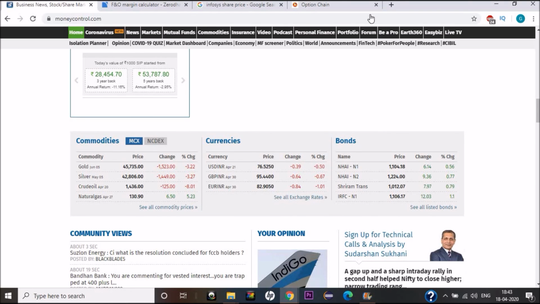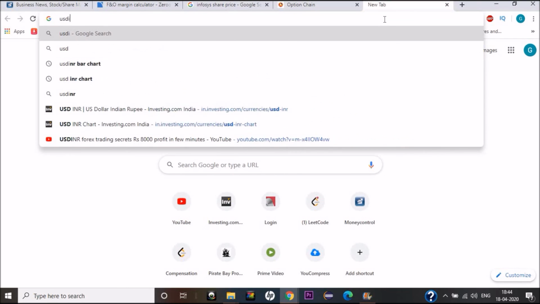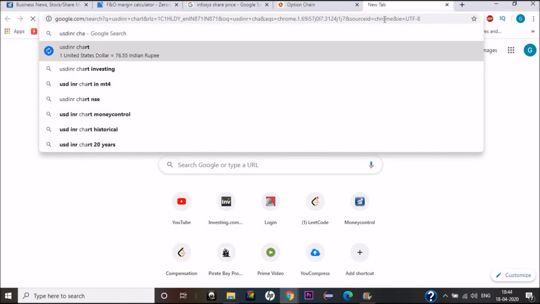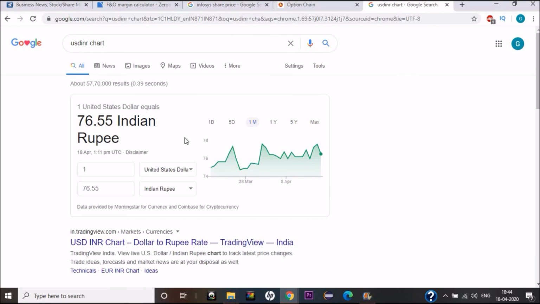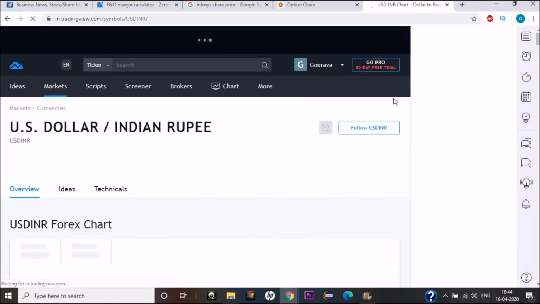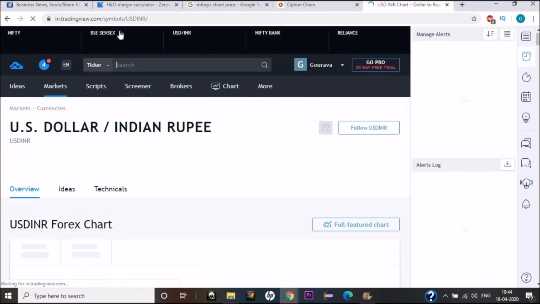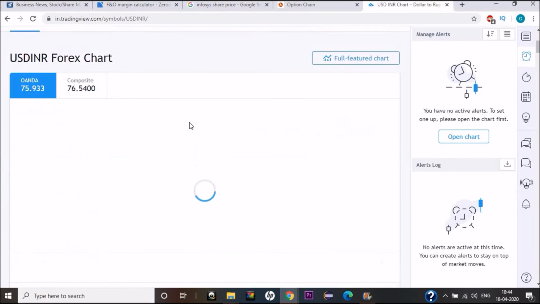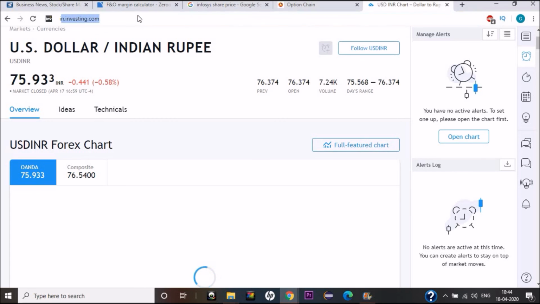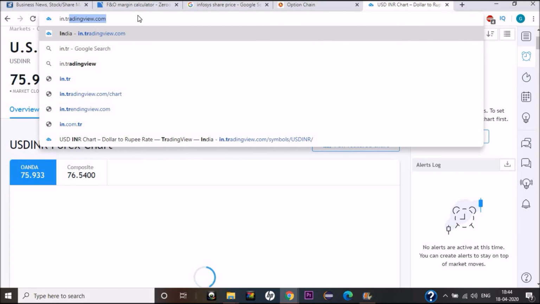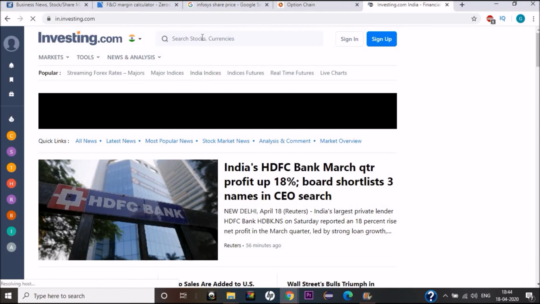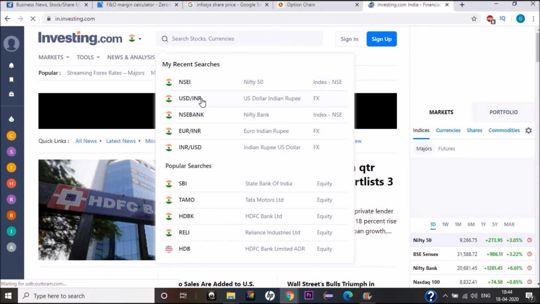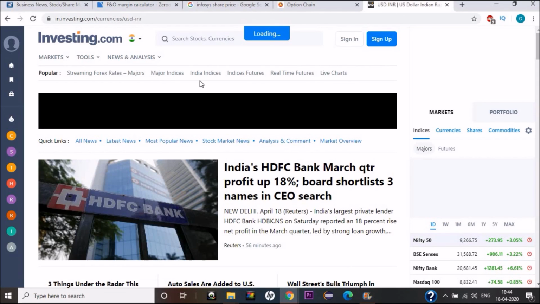Let me open the USD INR chart. I'll go to in.investing.com. This is one of the best sites that I use for my technical analysis, and I'll recommend you guys visit this site.